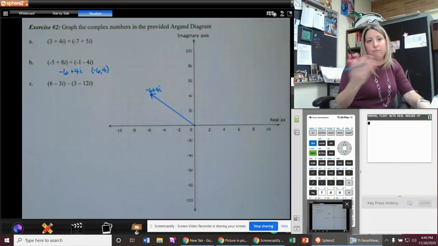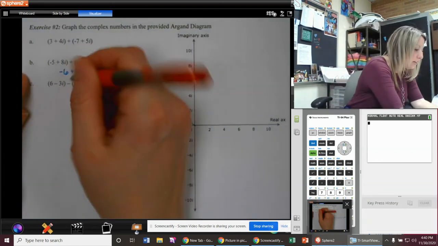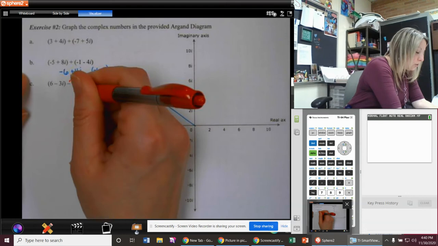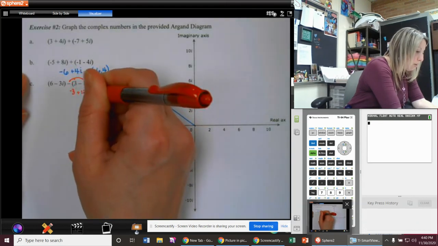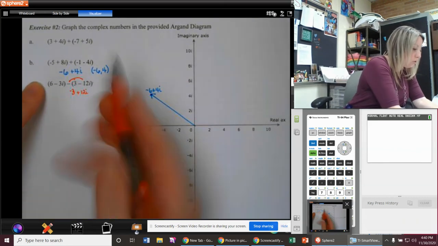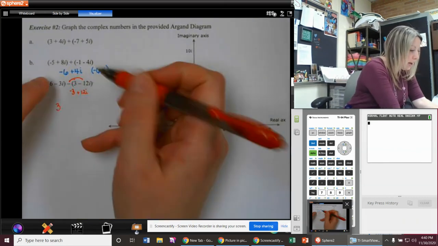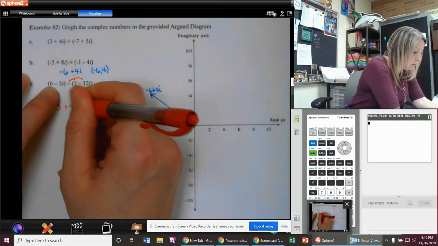And again, I could find that answer in my graphing calculator. I just chose not to. And same here, right? This is really a -3, and this is really a positive 12i. So now when we combine like terms, 6 minus 3 is 3, and -3i plus 12i is positive 9i.